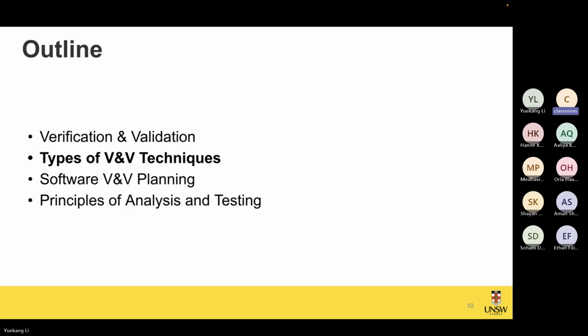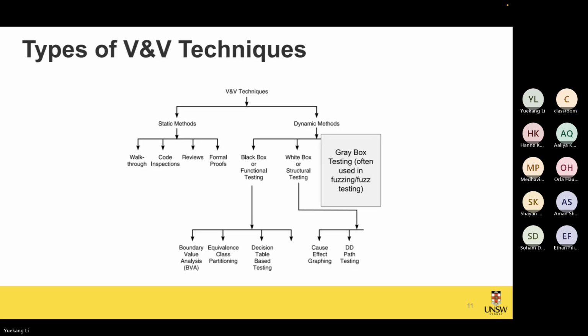So now let's learn some different types of actual techniques for verification and validation. This is a taxonomy of different verification and validation techniques. We can see that most of the verification techniques are considered static, and most of the validation techniques are considered dynamic.